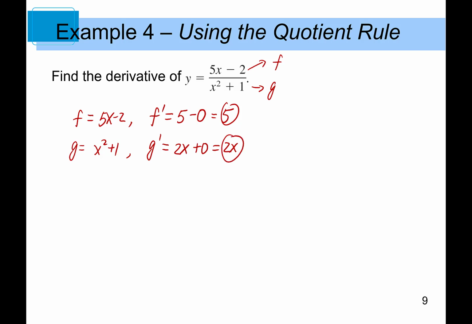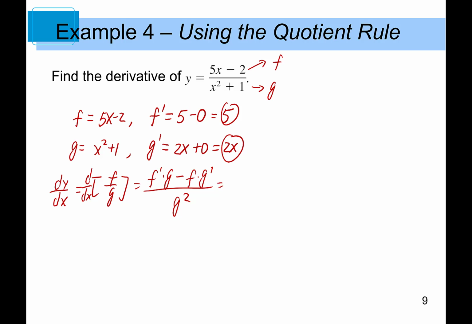Now we can apply the quotient rule. dy over dx equals d over dx of f over g, which is a quotient. So we have f prime times g minus f times g prime, divided by g squared.